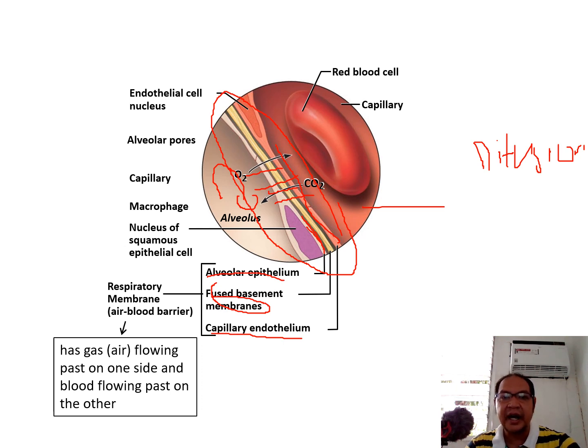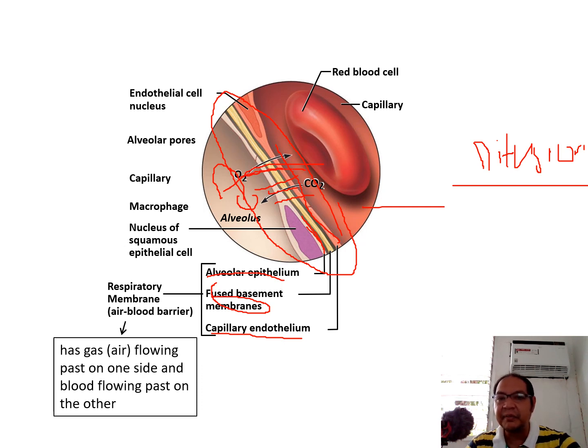So which has the higher concentration, the alveoli or the blood? The higher concentration is in the alveoli. Because of diffusion, this oxygen will now go to the lower concentration. So there will be gas exchange of oxygen.